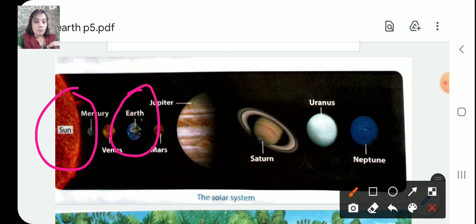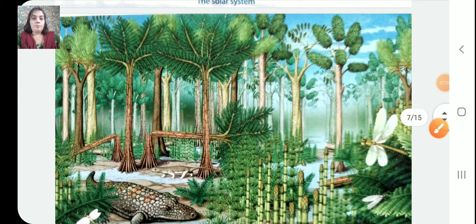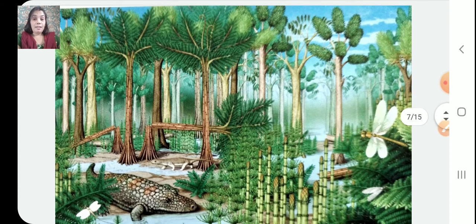So the presence of sunlight, air and water helps us to survive on earth. Our earth is the only planet where we can see life, like animals, plants and including us.